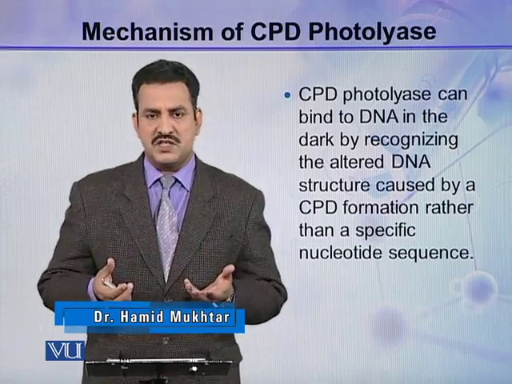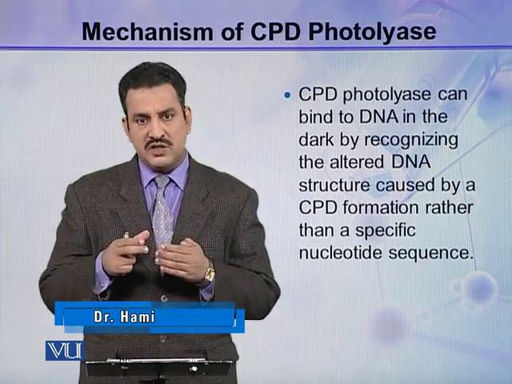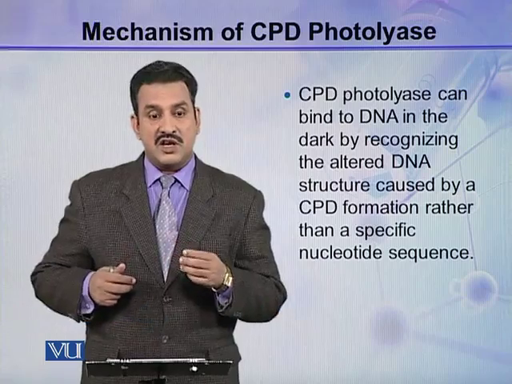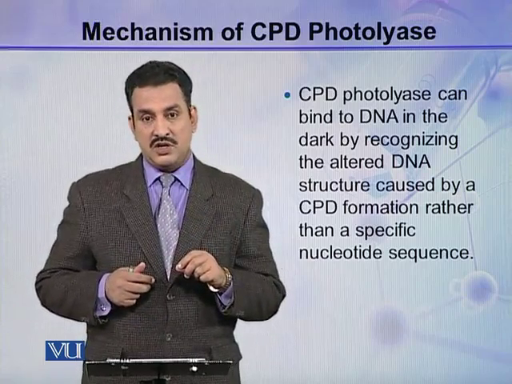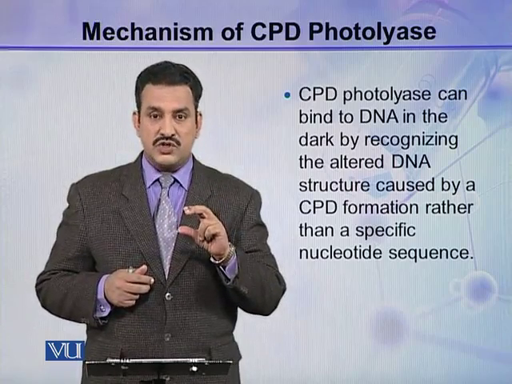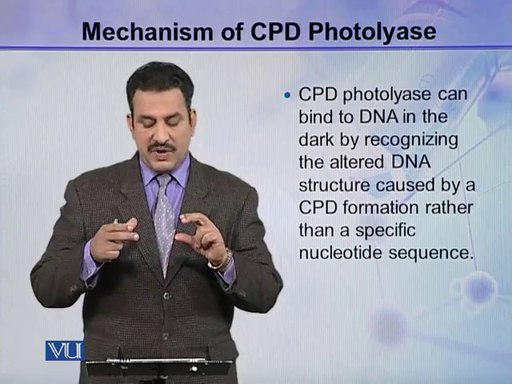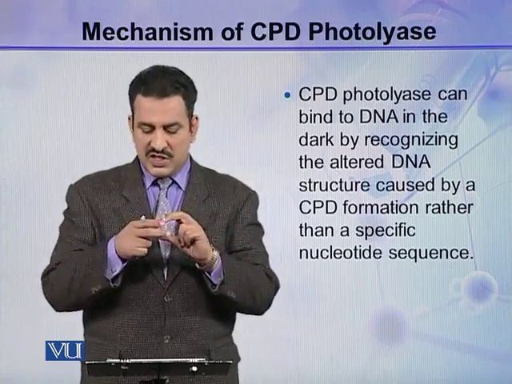There is no specific sequence where this CPD photolyase binds. Rather, it is the altered DNA structure that is due to the formation of CPD. This is the site which will be identified by these enzymes, and these enzymes will bind with this site.